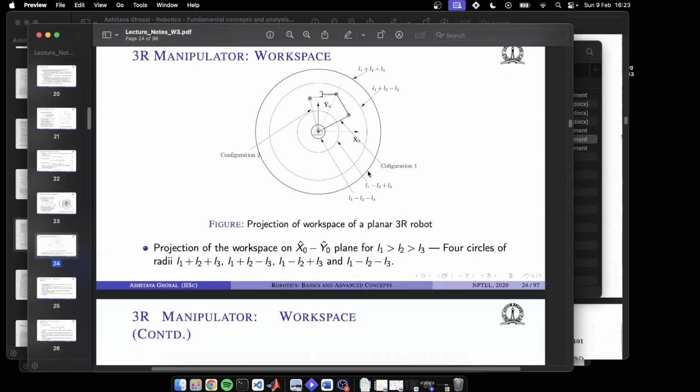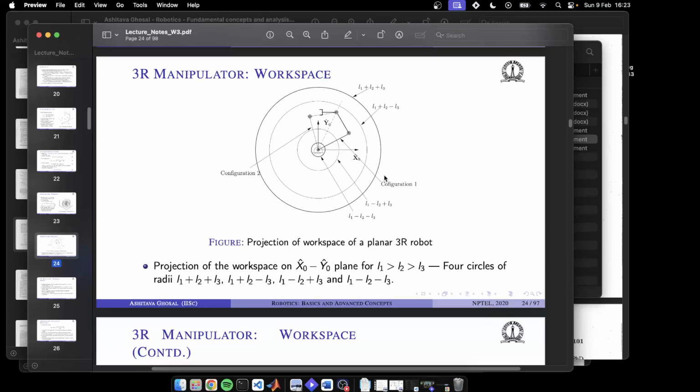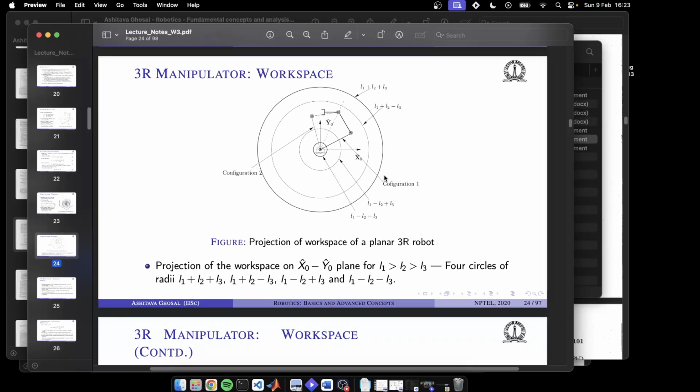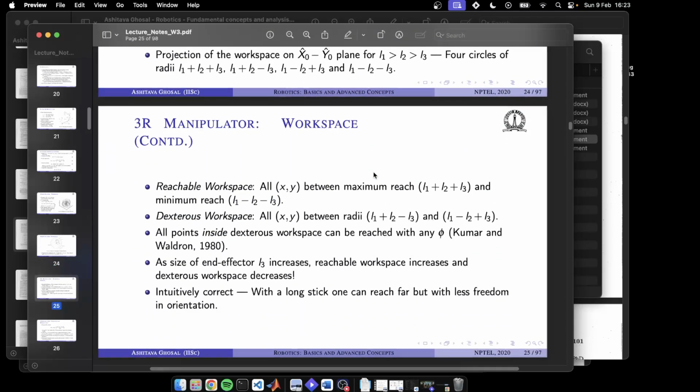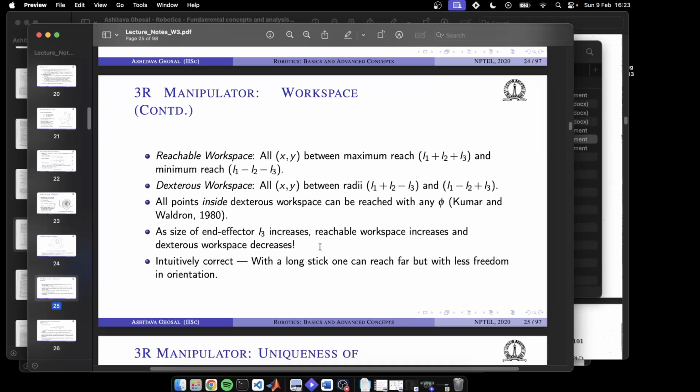Because look at L1 plus L2 minus L3: as L3 increases, this radius gets smaller and smaller, so the dexterous workspace goes down. But since L3 is being added in the outer radius, the reachable workspace keeps increasing. That is a very interesting observation.